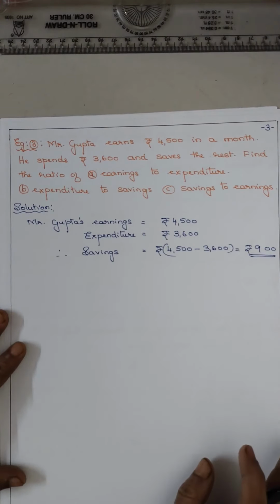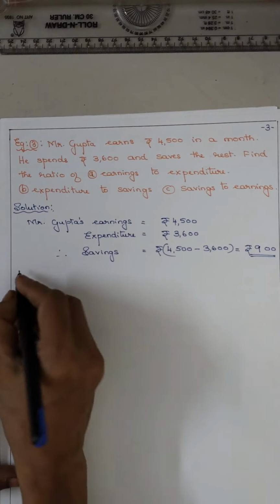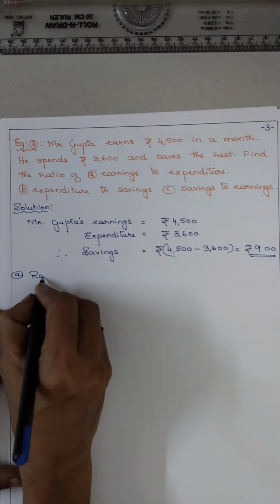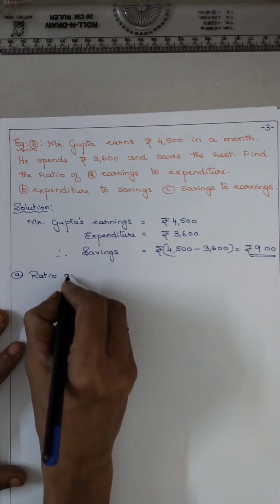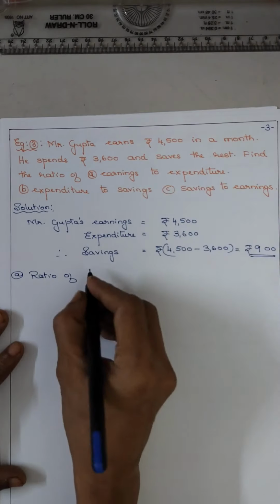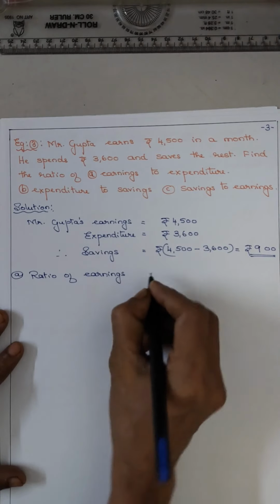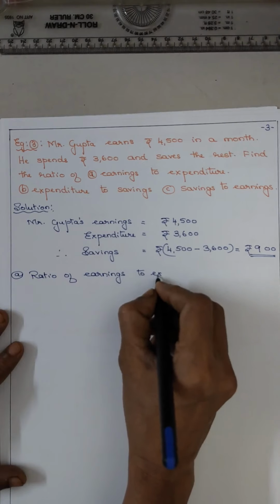First of all you find this. Now the question, first is ratio of earnings to expenditure, earnings to expenditure.